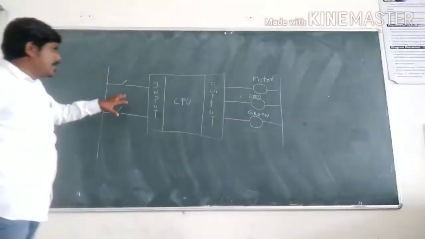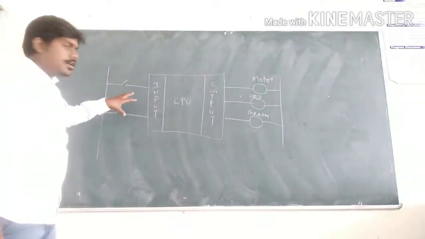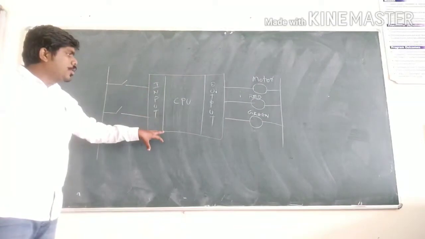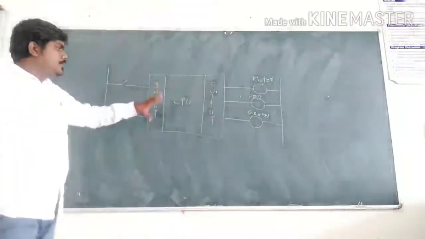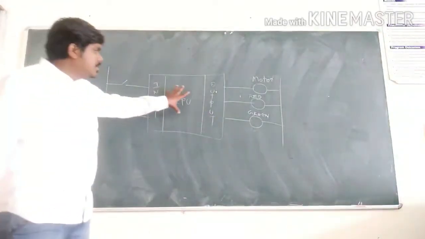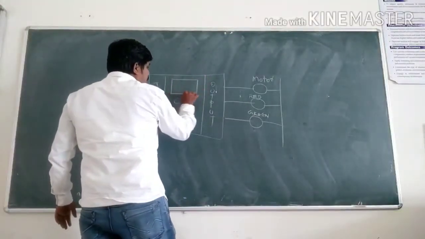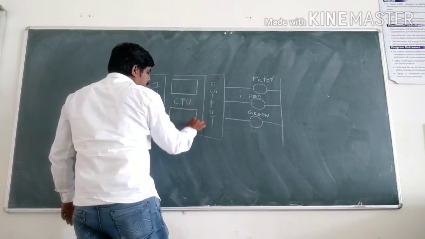In the previous video I explained that these two represent the inputs to the input module of the CPU. In the CPU I have shown two memories, program memory and data memory.